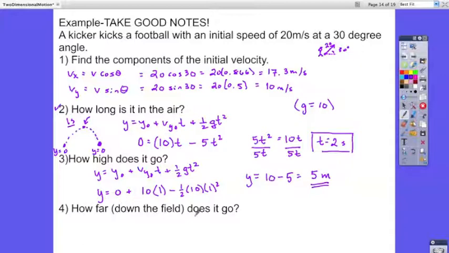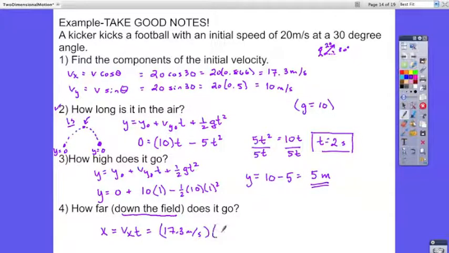How far down the field does it go? How far down the field? That's horizontal. The only equation we have is x equals vxt. Distance is velocity times time. And so the x component of the velocity is 17.3 meters per second.